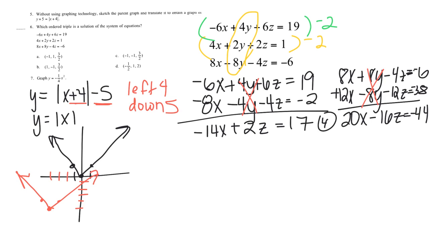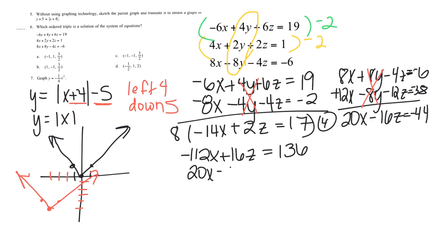So now I'm going to multiply this equation to get rid of the z's by an 8. So 8 times negative 14 is negative 112x plus 16z, and 17 times 8 is 136. And then let's put that together with 20x minus 16z equals negative 44.